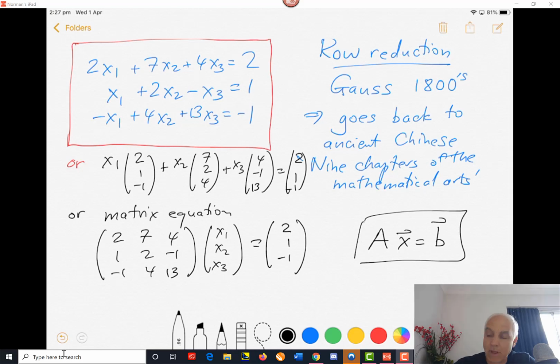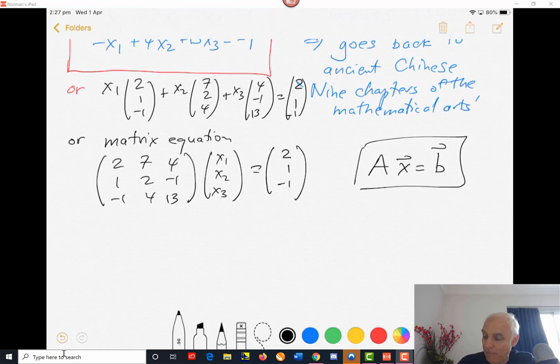Now, to actually do the row reduction, to simplify this, we're going to work with the augmented matrix. What is that? It's when we put the A matrix together with the b column separated by a line.